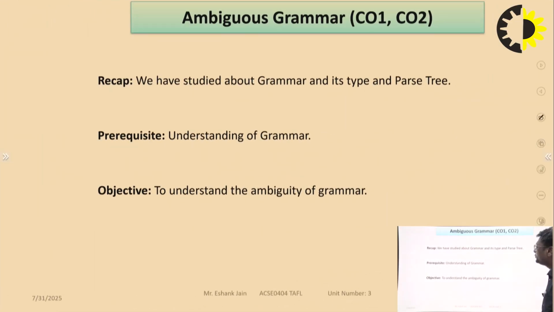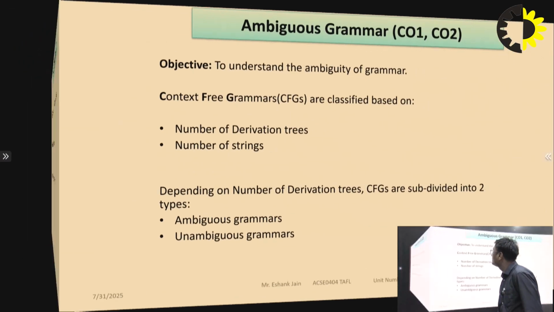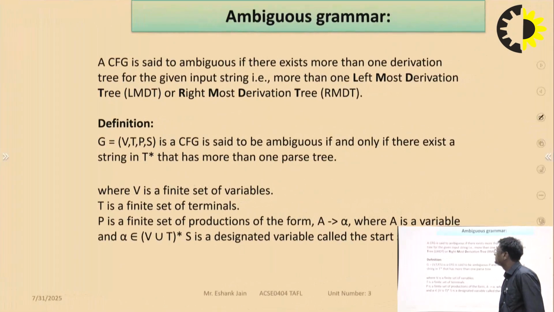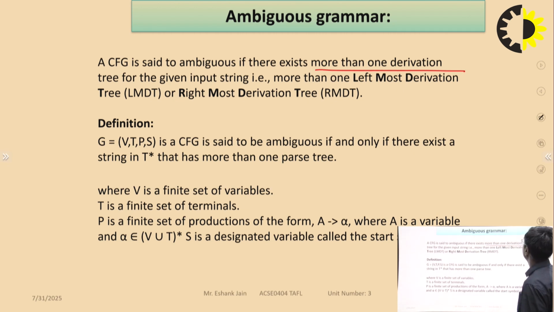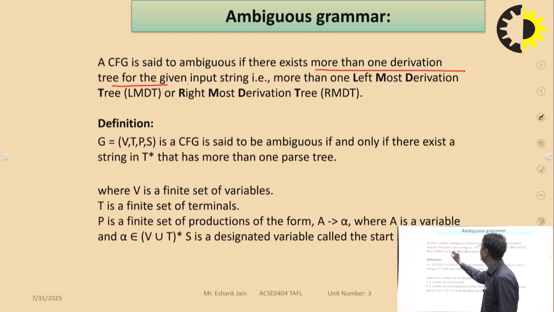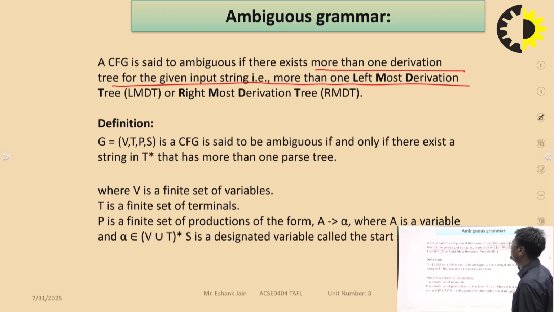Now, what is an ambiguous grammar? A CFG is said to be ambiguous if there exists more than one derivation tree for the given input, that is, more than one leftmost derivation or more than one rightmost derivation.